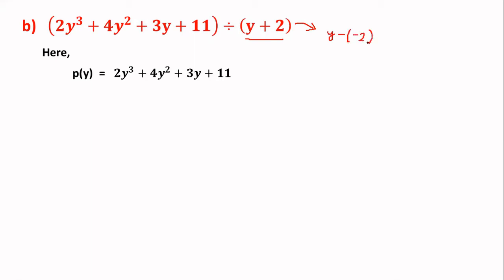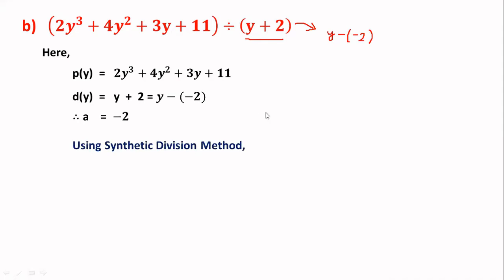In this way, the value of a will be minus 2. You can see the same thing that we have done here, and we have also got the value of a as minus 2. When we compare this y minus (minus 2) with our standard form x minus a, or y minus a, because this time we have the variable y, we get the value of a as minus 2.